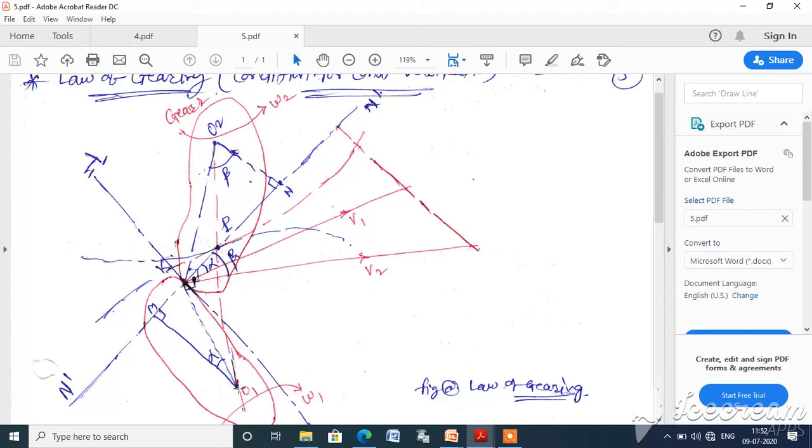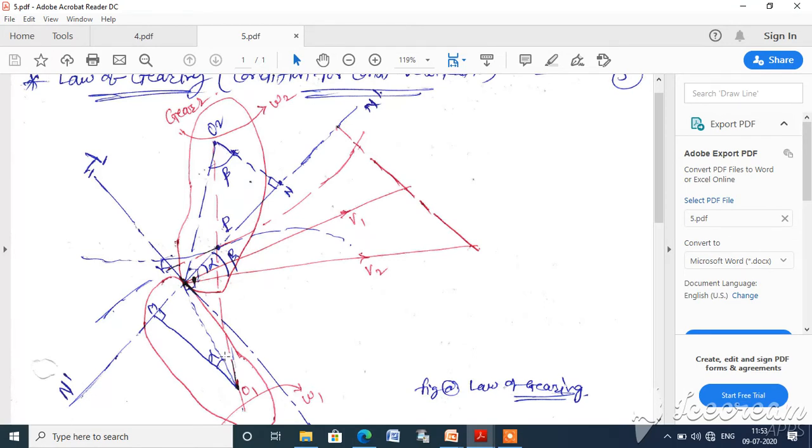Let us consider O1, M and K. Point of contact I have mentioned, that is K. Another one is O2, K, N. This point N is on normal and this point M is also on normal. So you will find M, K, P and N are on the same straight line.